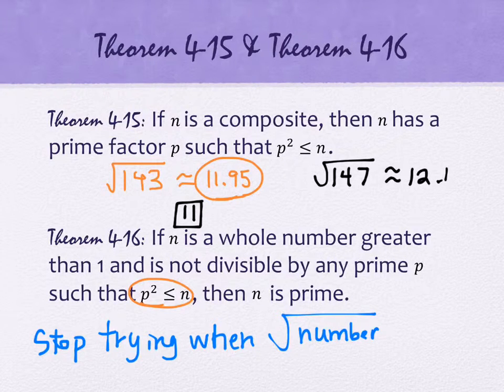Just rounding down to 12 would not be a good answer, because 12 is not prime. The biggest number to test would still be 11. You guys with me? I don't want you to think we're just rounding down. That is not what we're doing. We are rounding down, but we're rounding down to the nearest prime number, which is a little bit different way of thinking about rounding.